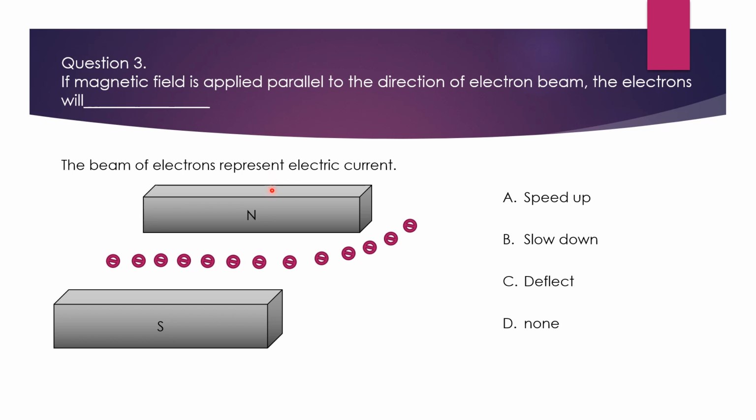Fingers will point from north to south, and the thumb will point toward the motion of the electrons. If the fingers point outward, since north is away and south is toward this side, the palm will face up. That means the electrons will deflect, and it will be up. So the electrons will deflect in a magnetic field. The correct option here is C, deflect.